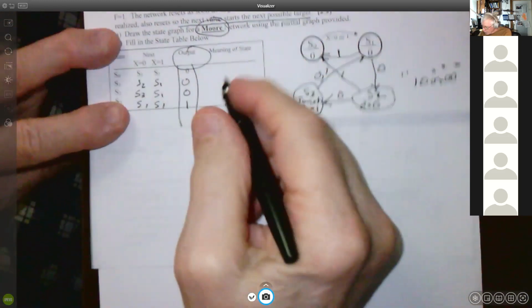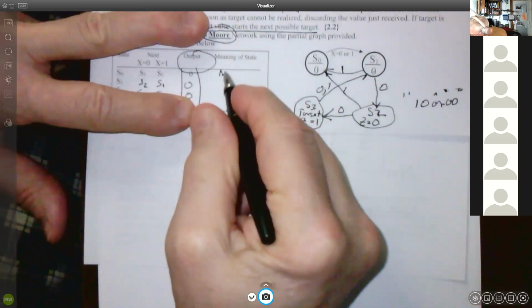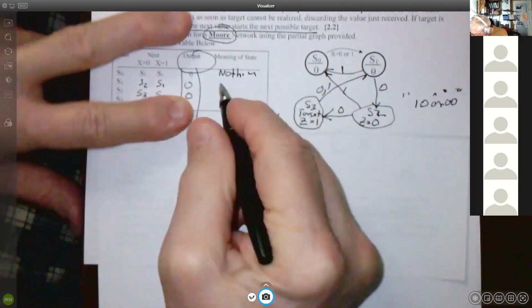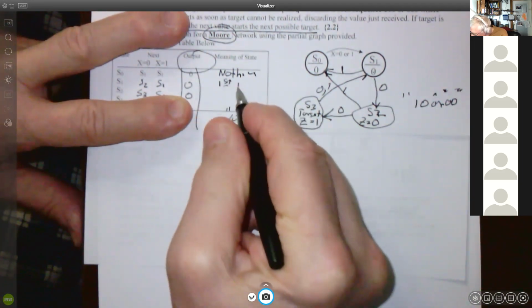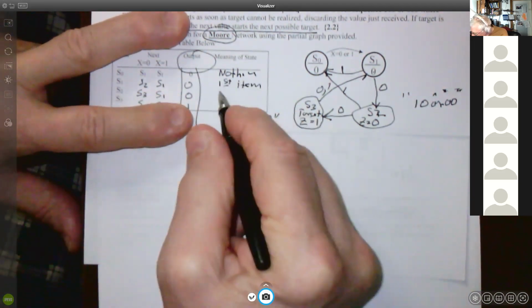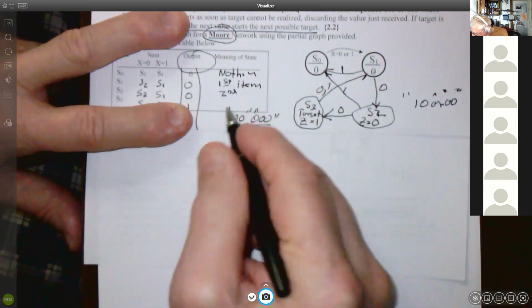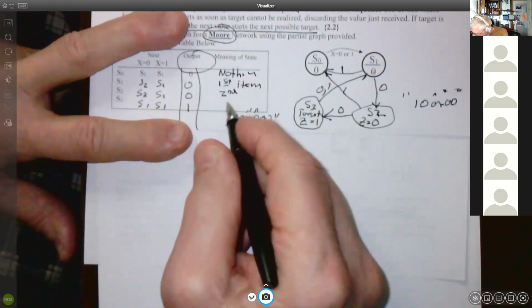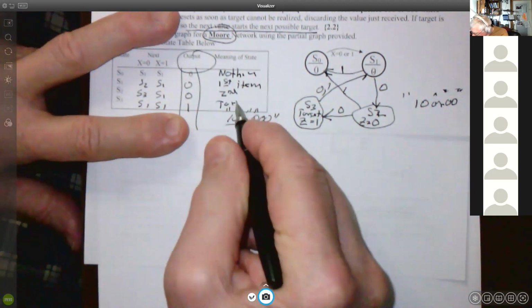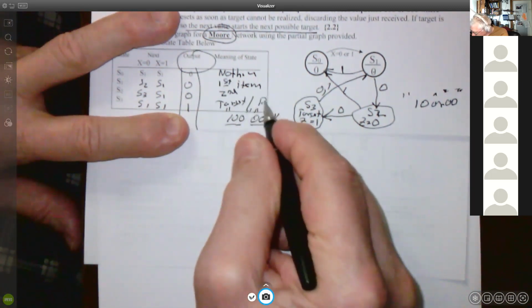And the meaning of the states: here we have nothing, here we have our first item, here we have our second, and here we have target. And also reset.